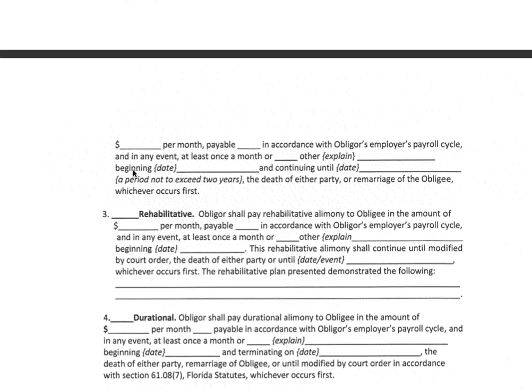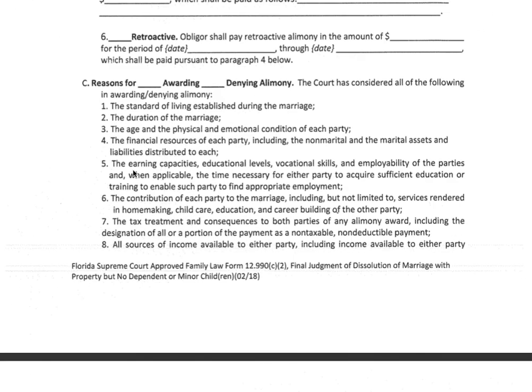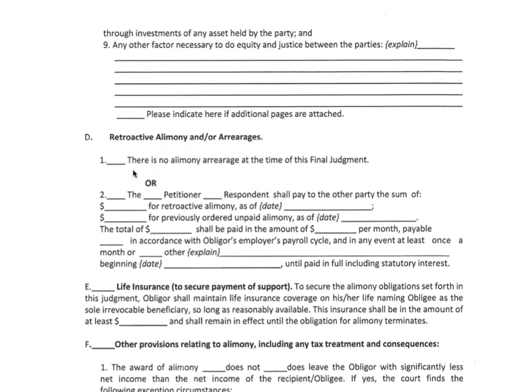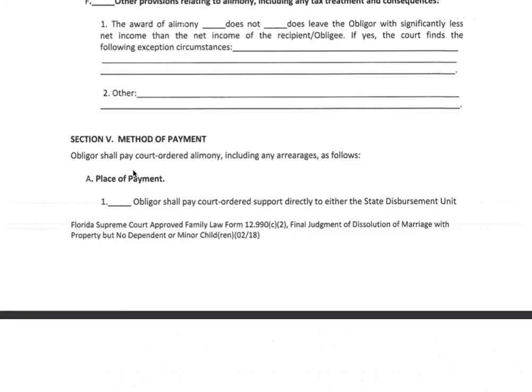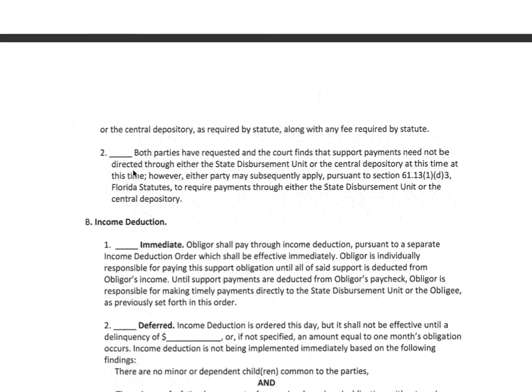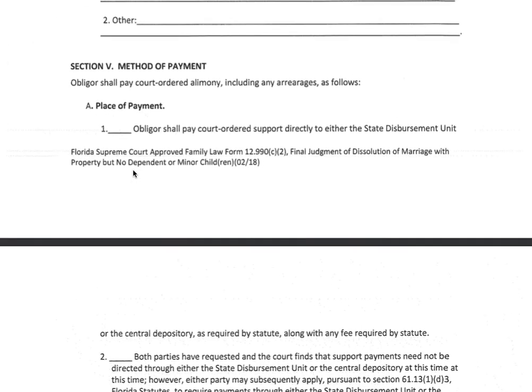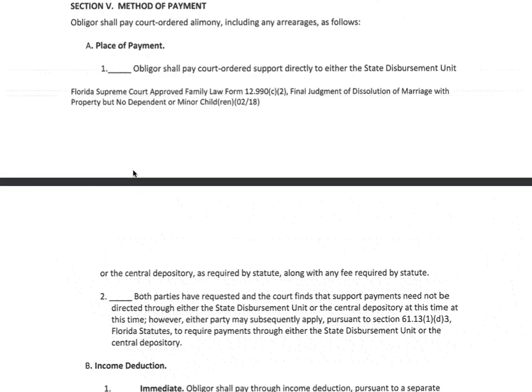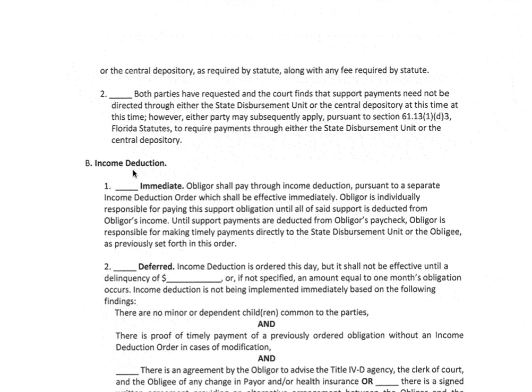So the court will make all this determination, fill it out, and then send it back to you. Sometimes the court may fill out or complete its own form. So if that happens, then you will receive a copy of their form or their order that the court fills out. How are you going to pay alimony?